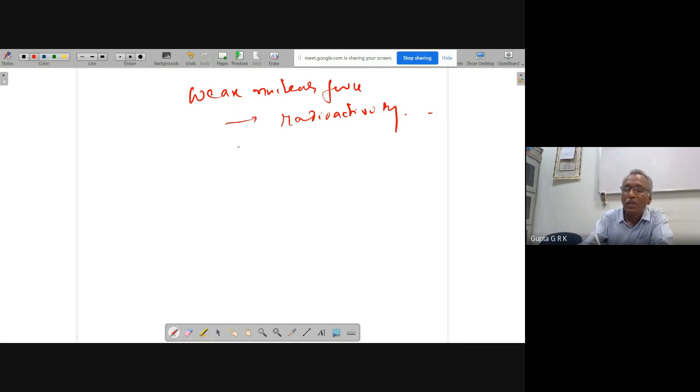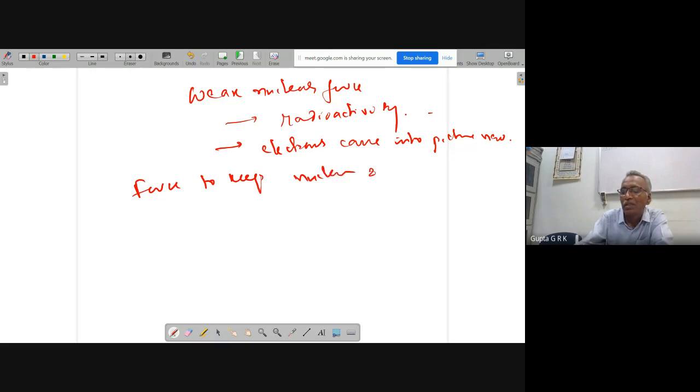And so electrons come into the picture now. Now the force to keep the nucleus and electrons together is called the fourth force. What is that force?